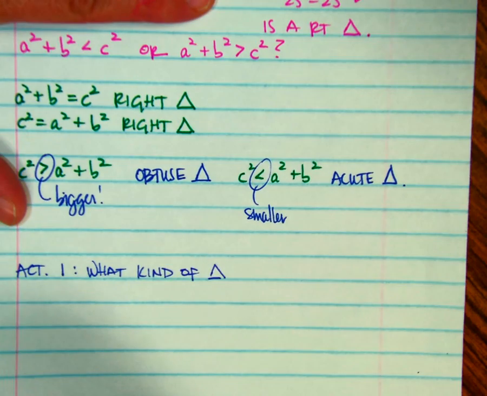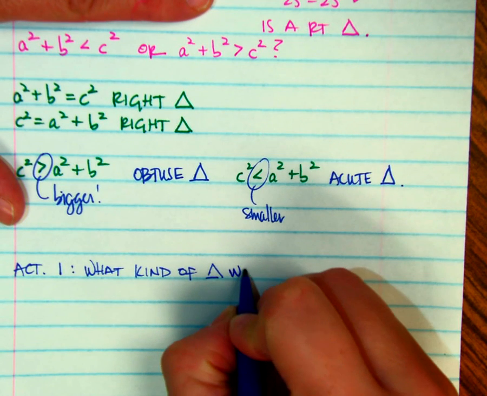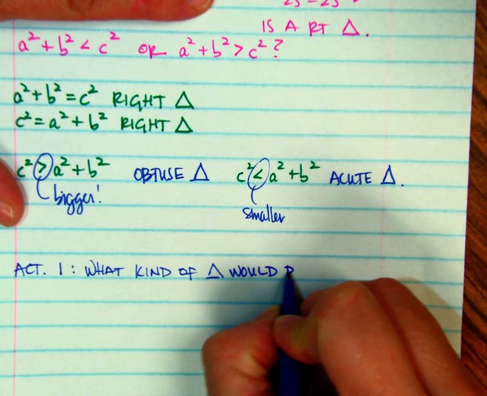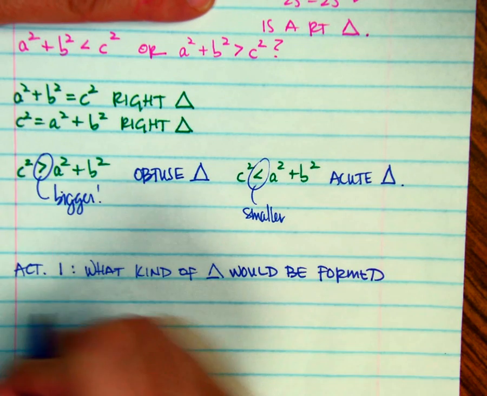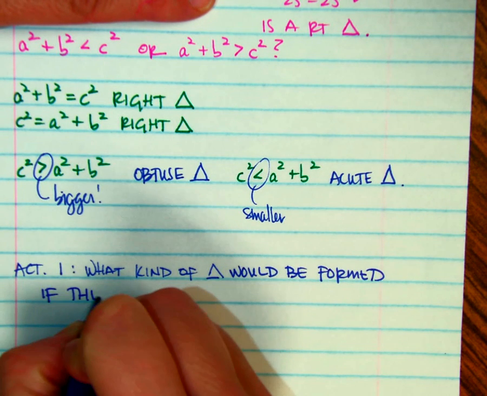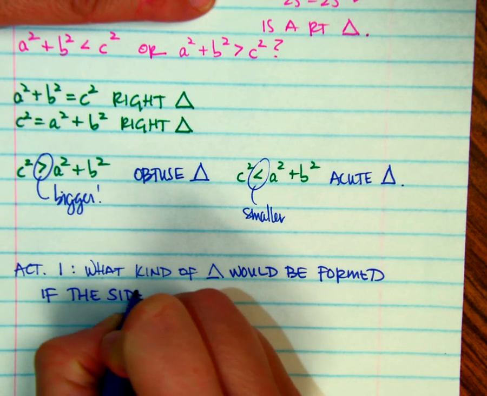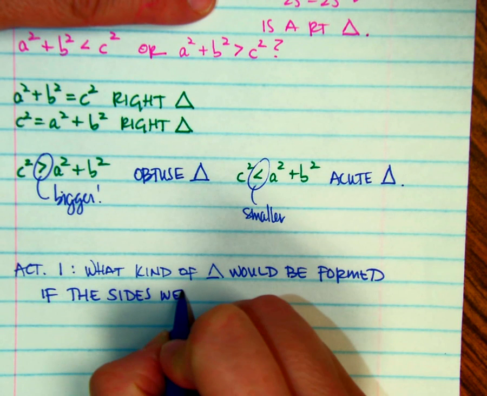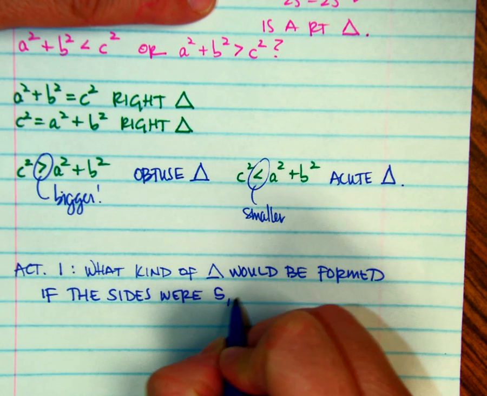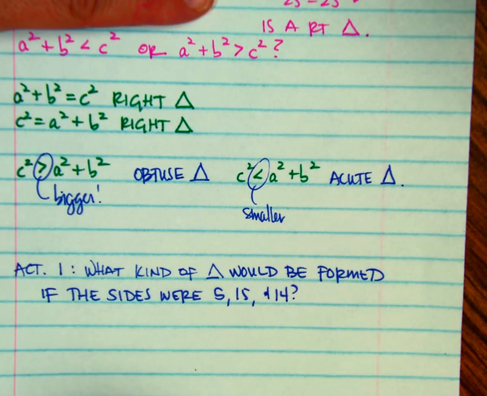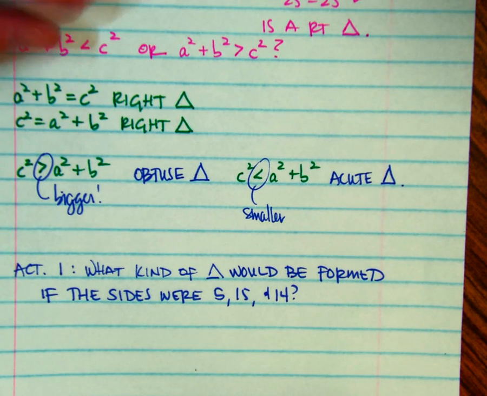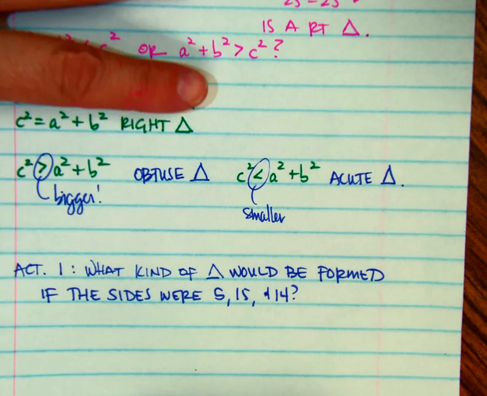What kind of triangle would be formed if the sides were 5, 15, and 14? So I would pause it now, try it on your own, and then resume the video.